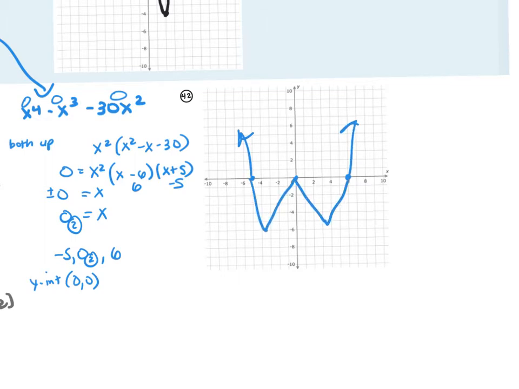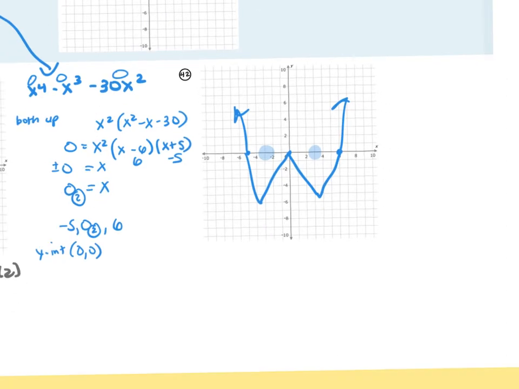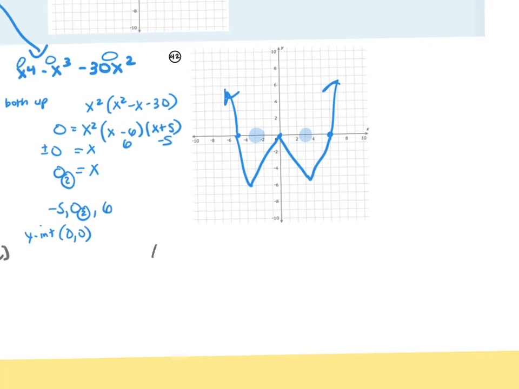So I need to know how low to put. I'm going to plot 3, and then I'm going to plot 3 over here. So -3. I get 81 minus -27 minus 30 times 9.